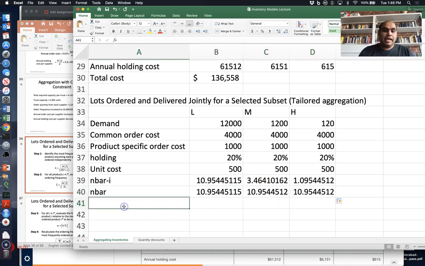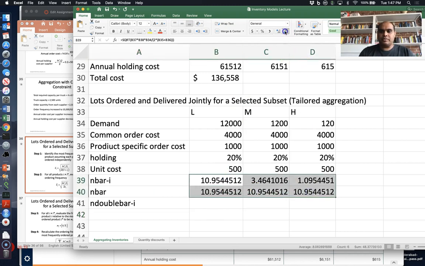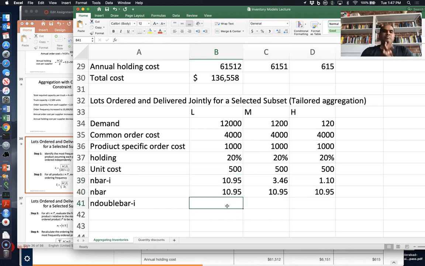Now we're going to calculate n double bar of I. This we don't calculate for the one that has the highest number. Let me just make them 2 decimal places. So we don't have to calculate that for 10.95.